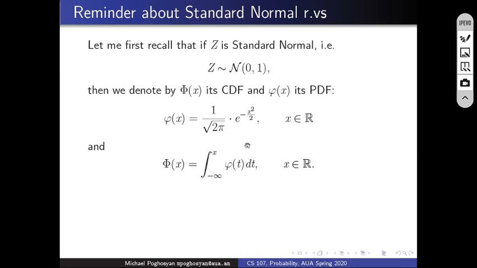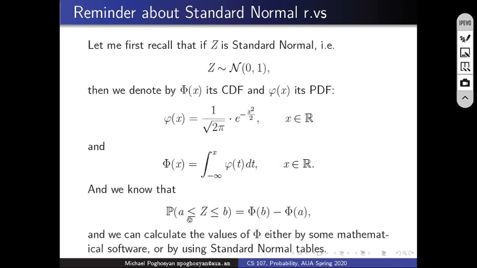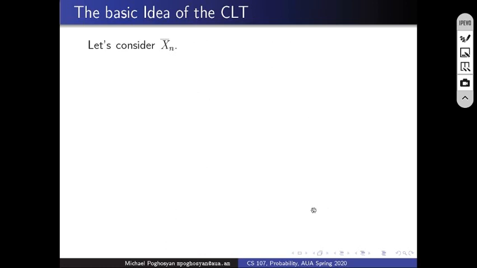This integral cannot be expressed in elementary functions, so I'm just writing it in this way. And the probability that Z is between A and B is calculated by the CDF value at B minus the CDF value at A, and we can calculate these two numbers either by standard normal tables or just by using some software, R say.